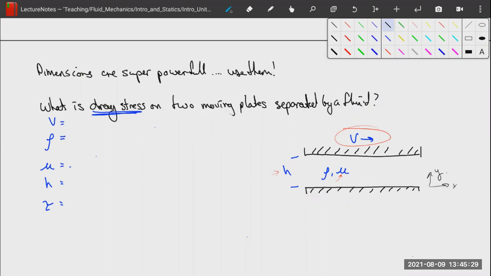So if we write down all the important parameters here, the velocity of the plates, the density, the viscosity, the height, and the shear stress, let's write out the units for each of these things, right? So velocity is length per time, and we're not going to pin ourselves down in either imperial or metric units right now.